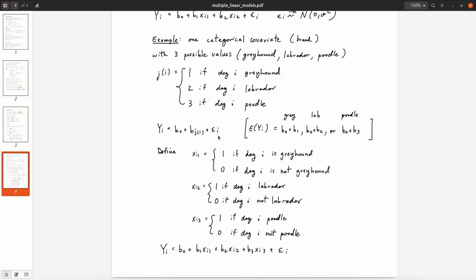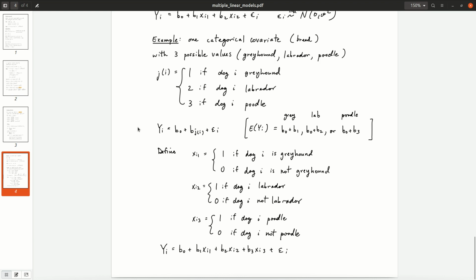So if we go back to the example where the second dog was a greyhound, you would get y2 equals b0 plus b sub 2 plus epsilon i. What this means is that the expected value of yi is going to be one of 3 things: b0 plus b1, or b0 plus b2, or b0 plus b3, depending on the dog breed associated with the ith response.